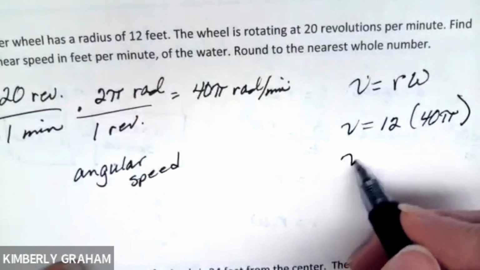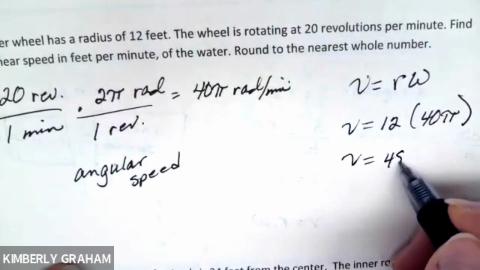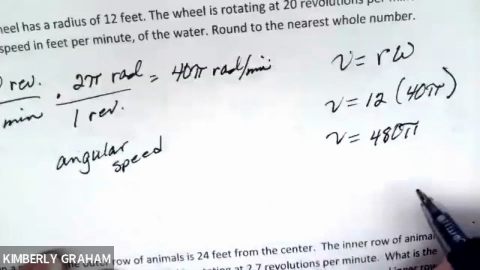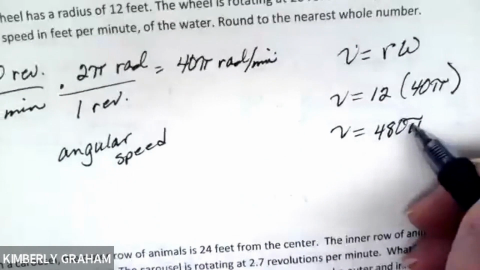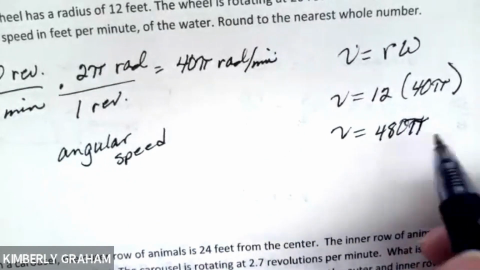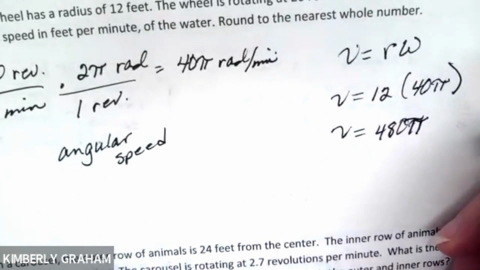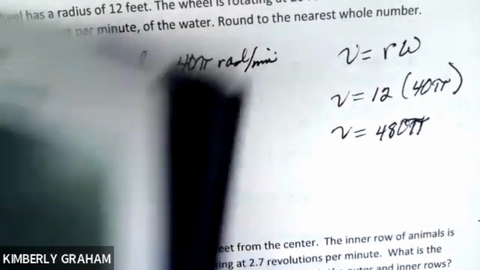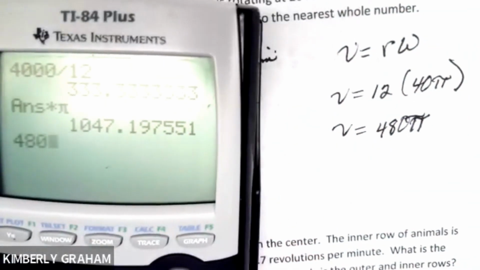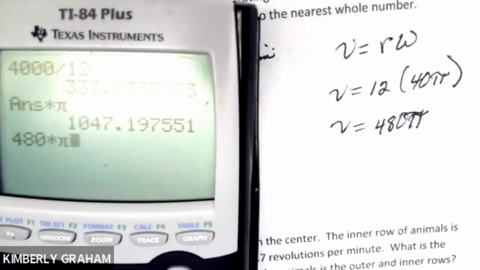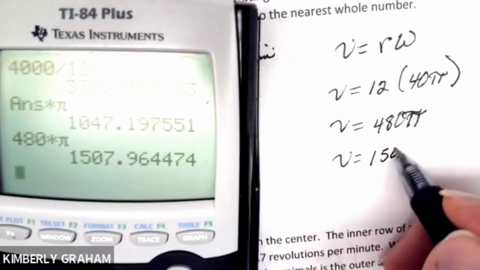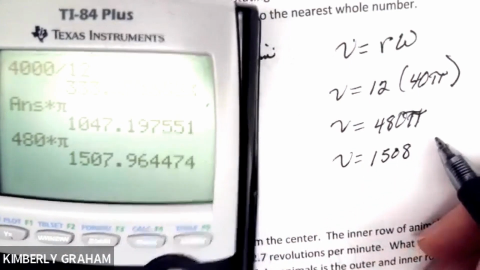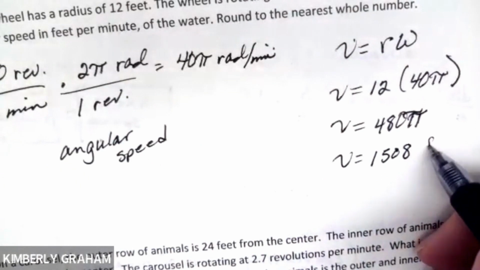And I'm not sure on this problem, but I think that we're just getting our answer to the nearest whole number here in my math lab. If you needed to get the answer in terms of pi, that's easy. It's 480 times pi. So I'm going to do 480 times pi, and that's going to give me 1508 feet per minute.